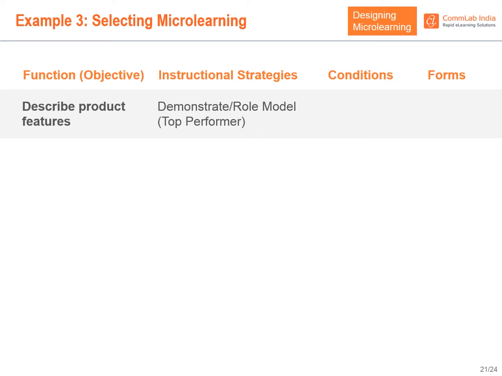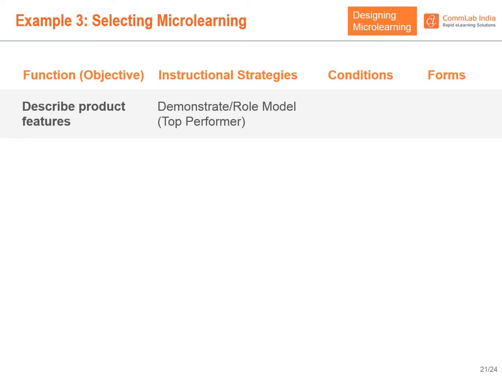And there are a lot of job functions where this is important, but to describe product features, one of the first things that comes to mind, from an instructional strategy standpoint, is to demonstrate and role model that top performer behavior. How do they describe product features? And so it's really important to consider the objective and our instructional strategy.